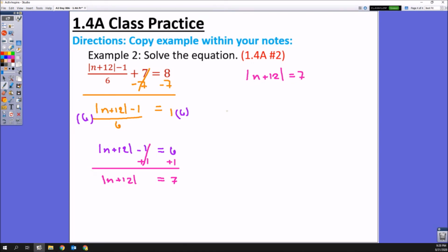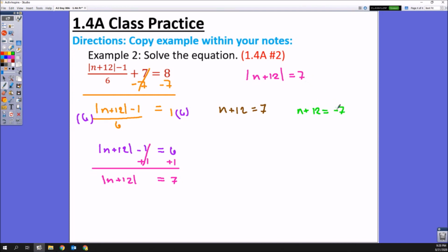So n plus 12 equal to the original number, which is 7. Then I'm going to write the inside again. N plus 12 equals to the opposite of 7, which is negative 7.